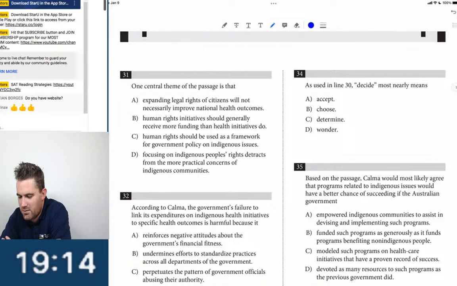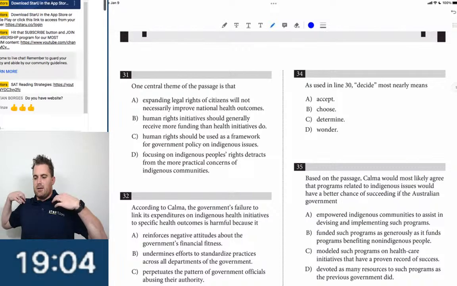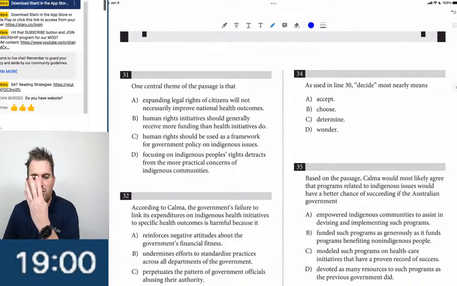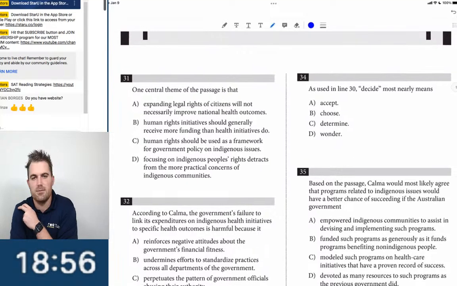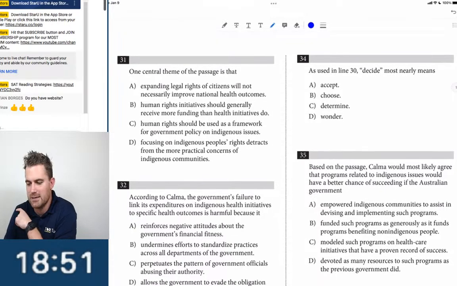Maybe, guys, with this passage, this is a hard one to read and stay focused on. I happen to like history, right, and political policy. So this one was easier for me to understand, but this is a great passage. Number 4, thumbs up if this might be you, right? But number 4 tends to be a little bit more difficult than the other passages to stay focused for most students. So think about that, right?